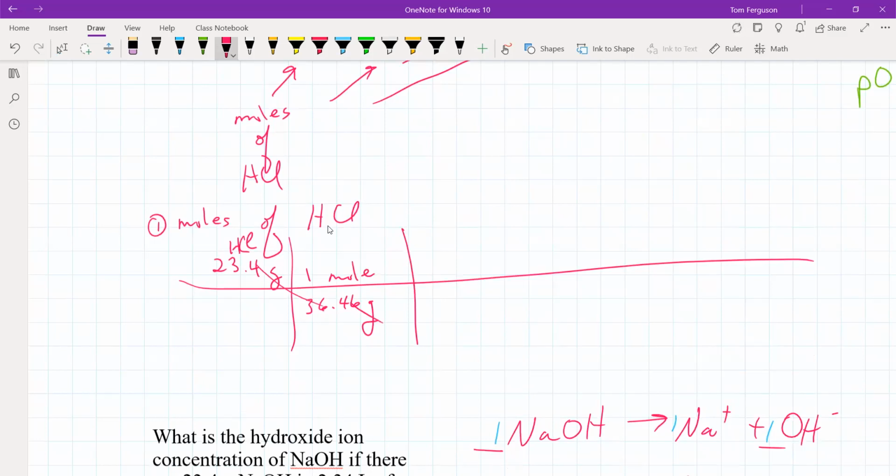Now that gives us moles of hydrochloric acid. We want moles of hydrogen ion, and that's a 1-to-1 ratio. So that converts it over to moles of H plus.